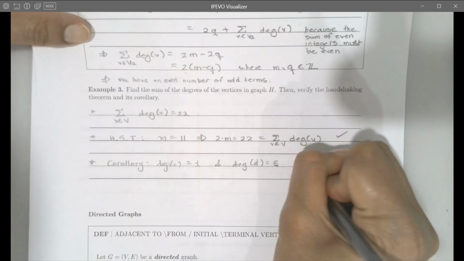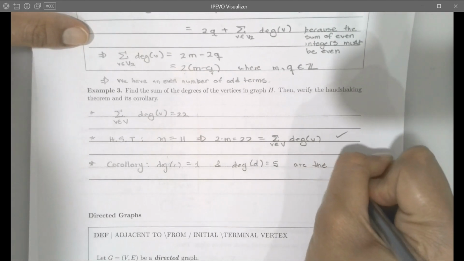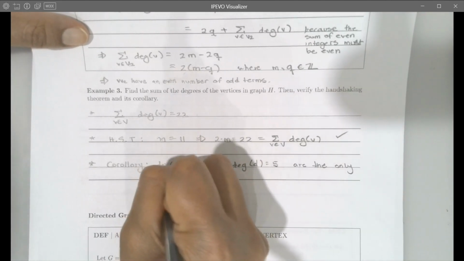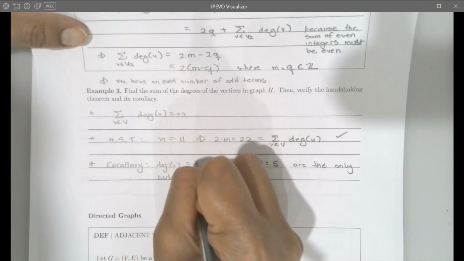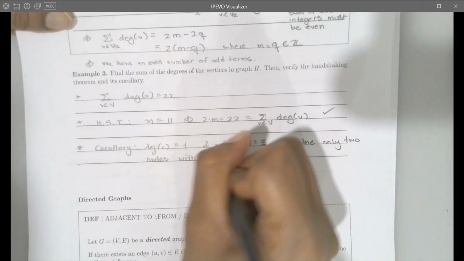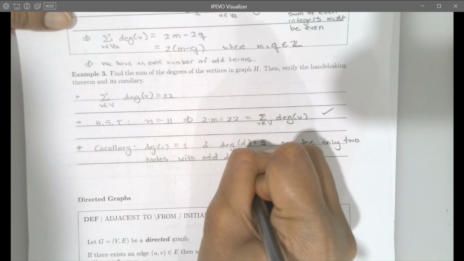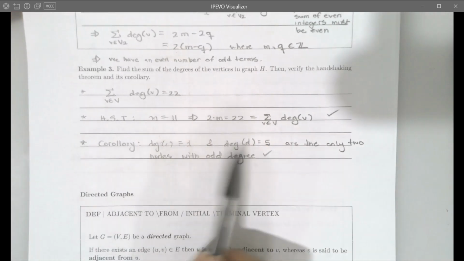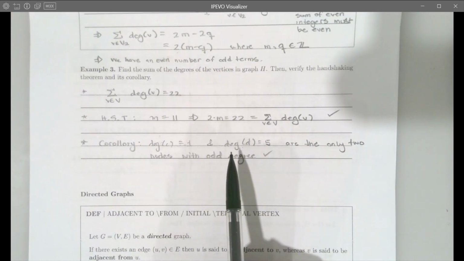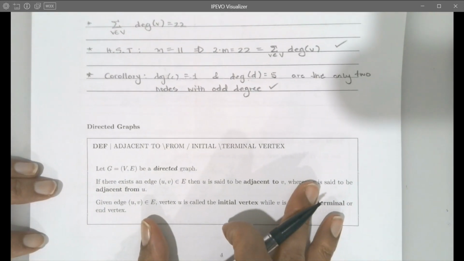And those are the only nodes with odd degree. Because it's only two nodes, and 2 is an even number, the corollary is verified in this example.